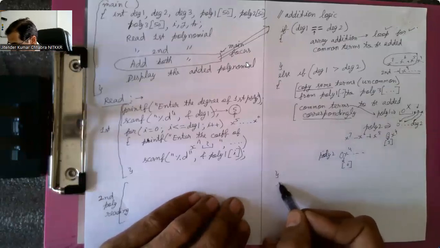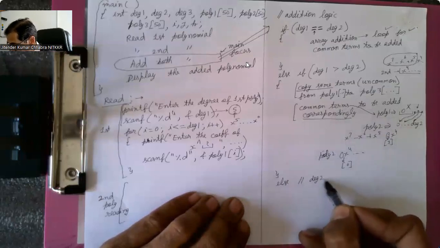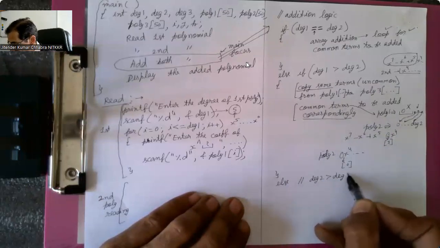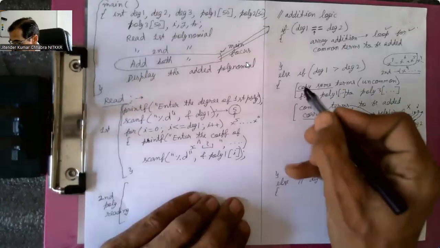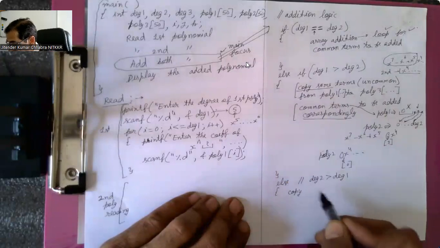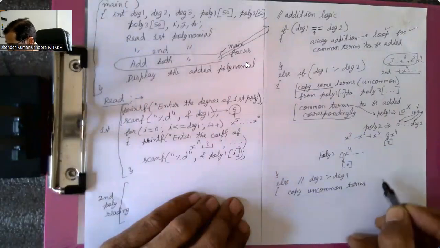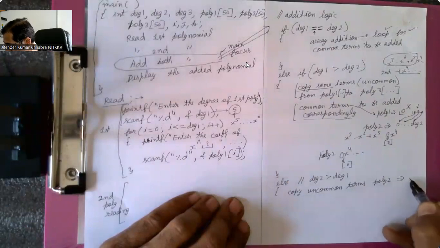Then what is the third case? The third case is simple. It guarantees that degree 2 is greater than degree 1. And here also the logic will be similar. First of all, copy uncommon terms. From where to where? From poly 2 now towards poly 3.